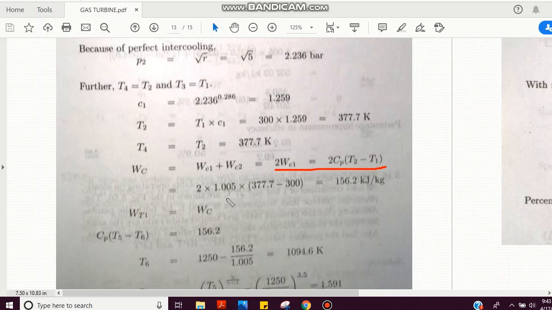By substituting the values of Cp, T2 and T1, we get WC equals 156.2 kilojoule per kg.